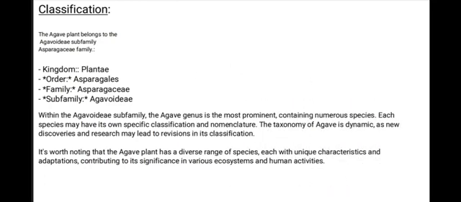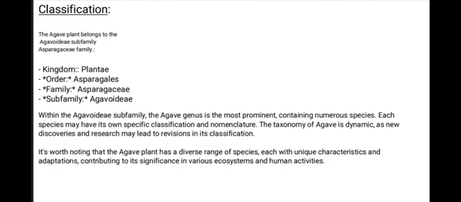Classification. It can be classified depending on family, species, and kingdom. Basically, the agave plant belongs to the kingdom Plantae. Order is Asparagales, family is Asparagaceae, and subfamily is Agavoideae. Within the Agavoideae subfamily, the genus Agave is the most prominent, containing numerous species.